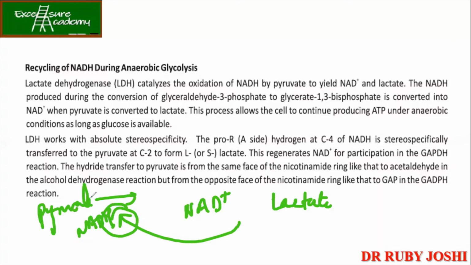And when this H goes to the pyruvate, NADH becomes your NAD plus. And this NAD plus will go back to glycolysis. Understanding this much is enough, because the structure and all is not required. Unless you know the structure of NAD plus, it won't be possible for you to understand that.